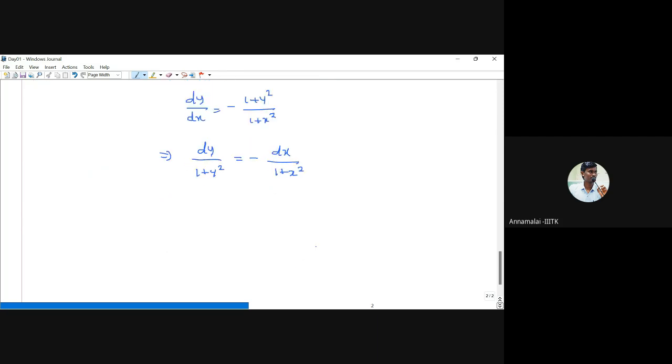Now integrate both sides. The integration of 1 by (1 plus x square) is tan inverse of x. So integrating both sides, the integration of 1 by (1 plus y square) is tan inverse of y, and then minus tan inverse of x plus some constant c.